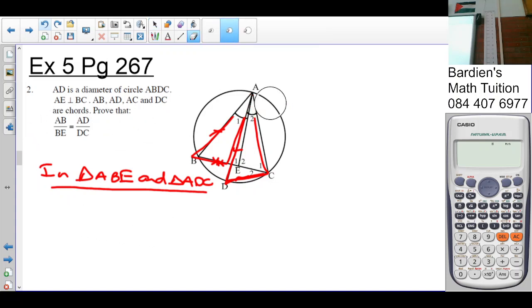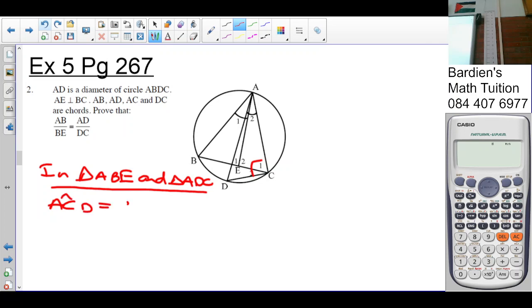So where do I start? Already that 90 degrees. So let's go after that first. So we're going to say that is 90 degrees. Not so? I can either say C1 plus C2 is 90, or I can say ACD is equal to 90 degrees. Why? It's angle in semicircle. Okay.